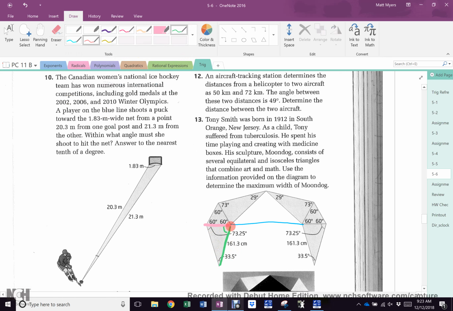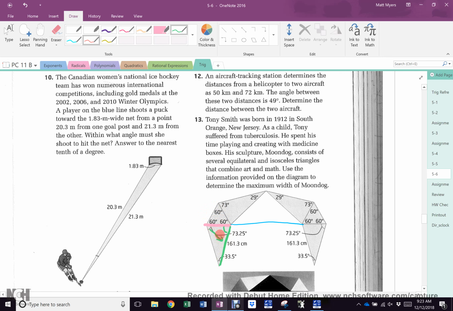Or wait, not what is it? How would I find it? The 180 minus. So, I need this right here, don't I? What do I know about 60, 60, 60? They're all the same size, right? So if I can find this, I know this, right? How will I find this? Well, I got 161, and I know this angle, don't I?